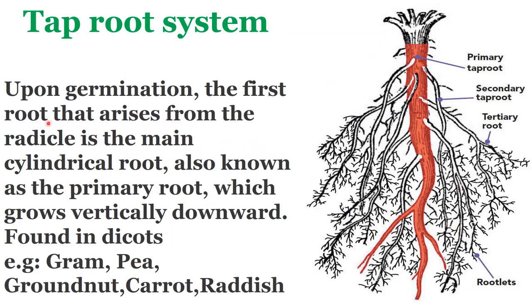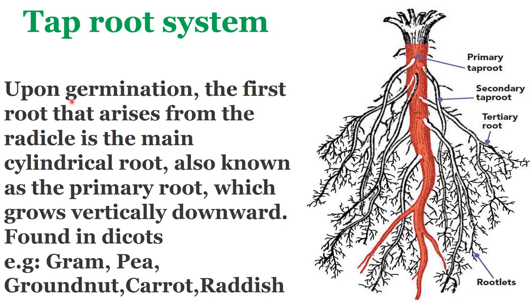Now what is happening here? Upon germination, as the seed germinates, the first root arises from the radicle. As you know, in the seed there are two parts, plumule and radicle. I hope you know that plumule and radicle are present here in the seed. The radicle part gives rise to the root.